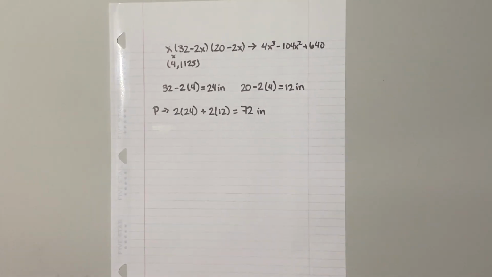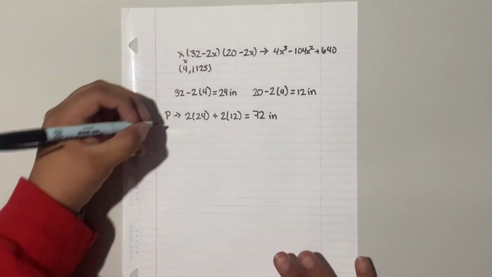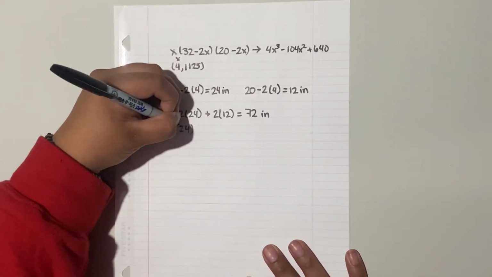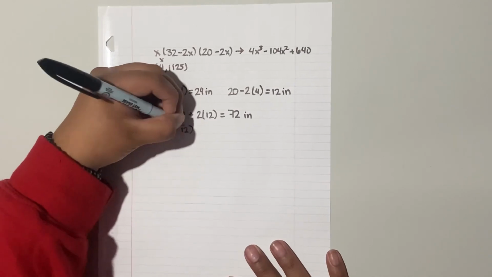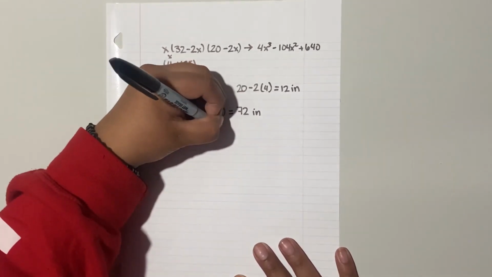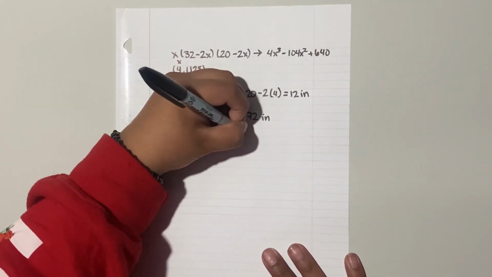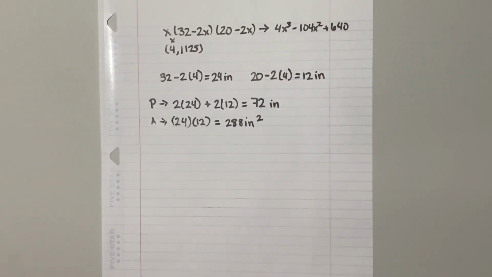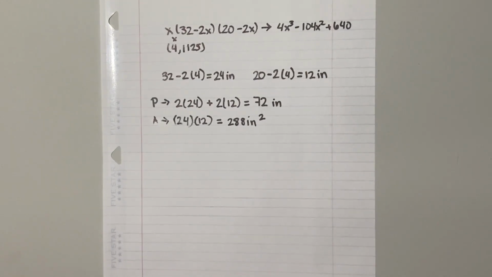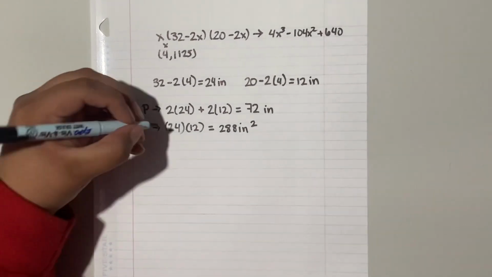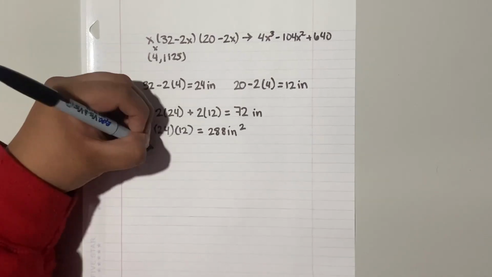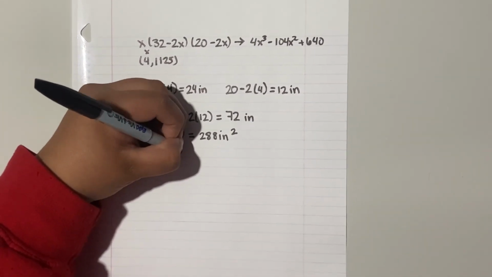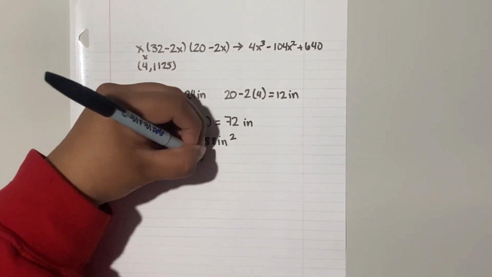Okay, to find the area, we must multiply the length times the width. So A is going to be 24 times 12, which gives us 288 inches squared. Now, to find the volume, we must multiply the length, the width, and the height. So our volume is going to be 24 times 12 times 4.